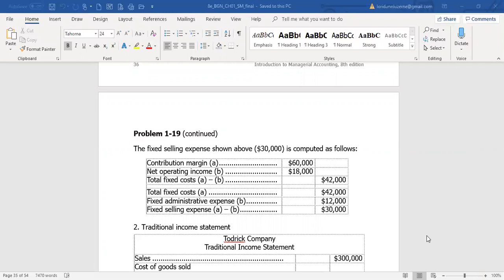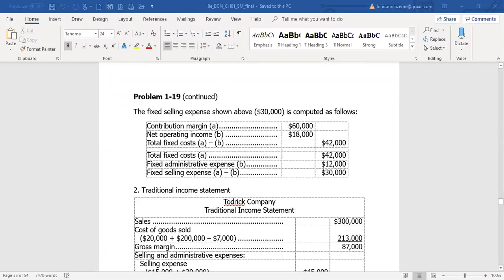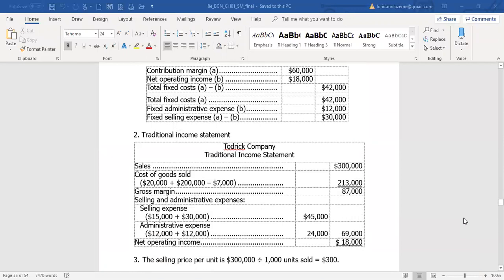In the second part, they say, okay, now prepare a traditional format income statement. So that's what we're used to in GAAP from our accounting 101 class. That's where we take our sales minus our cost of goods sold to give us gross profit or margin.